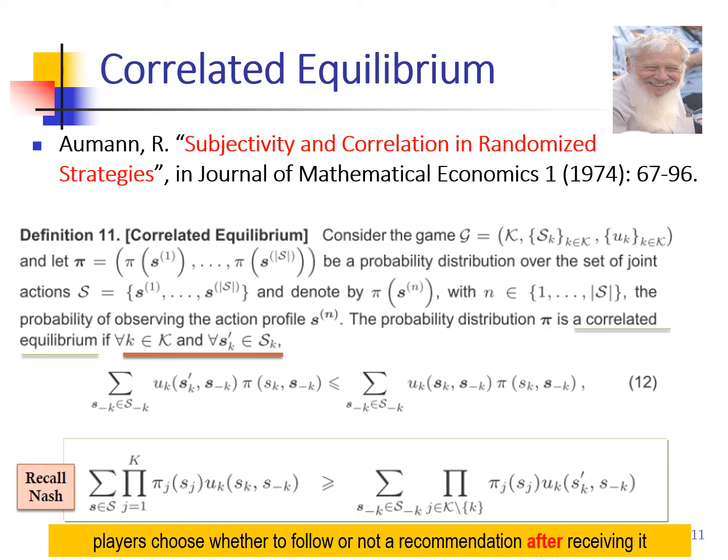So pi is a probability distribution over the set of joint actions S, right? And denote by pi Sn the probability of an agent observing an action profile Sn, basically.